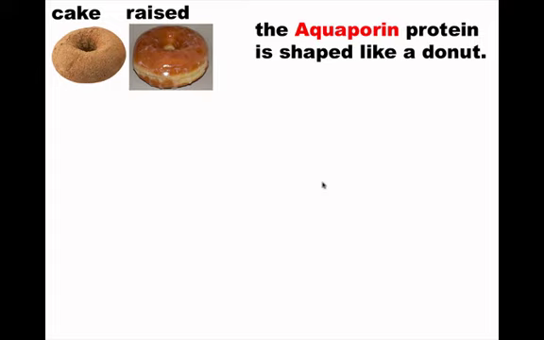So here's just some imagery. Aquaporin protein is like a donut, and it's actually like a raised donut because it's floating in the membrane. The browner parts of the donut are hydrophilic because they're exposed to the water environment outside the cell or inside the cell. And then see this belt of lighter material?